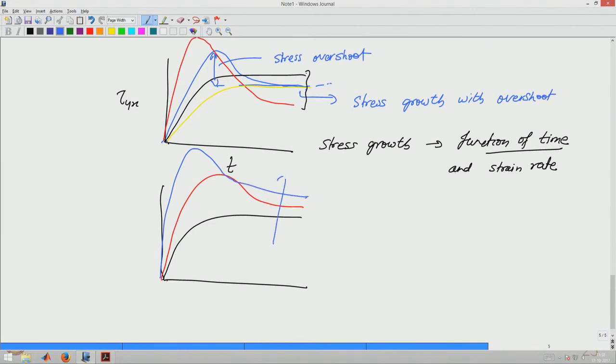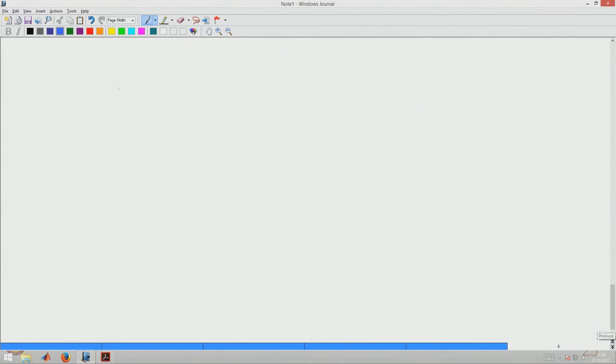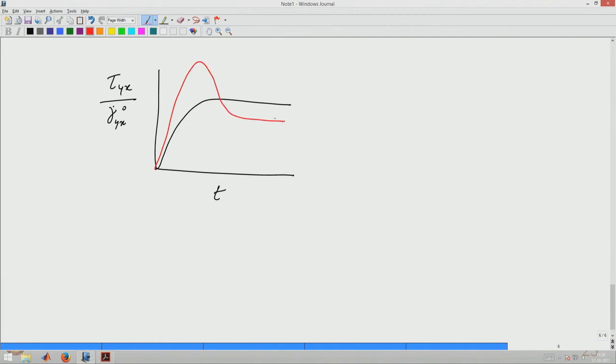So, at higher and higher strain rates, we will have stress to be higher. However, if I plot the data for the ratio of the stress and gamma dot yx which is being applied, as a function of strain rates, we will get the response that I have drawn erroneously earlier as stress response.